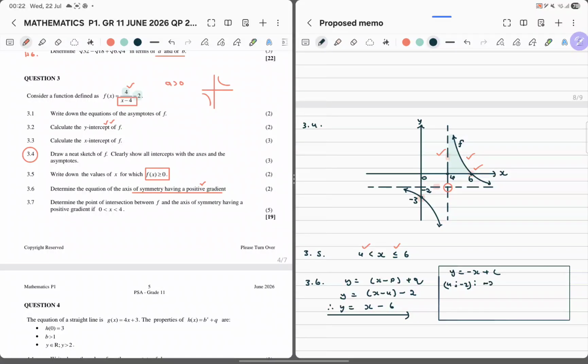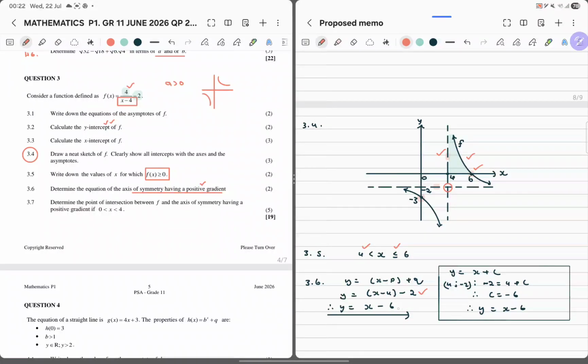We get minus 2 is equal to 4 plus c. We can already see that our c, when we transpose, we get minus 6. Therefore y is x minus 6. Either one is good enough.